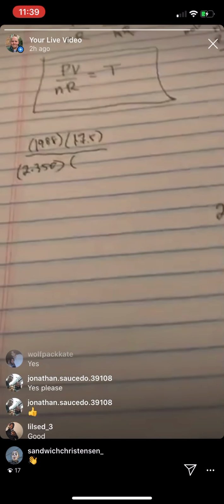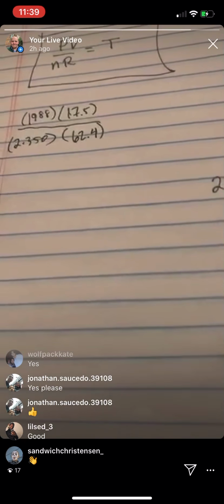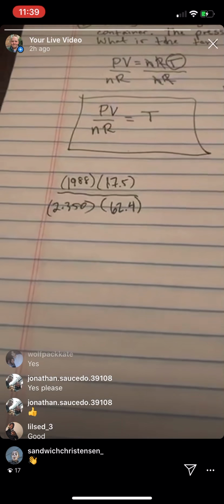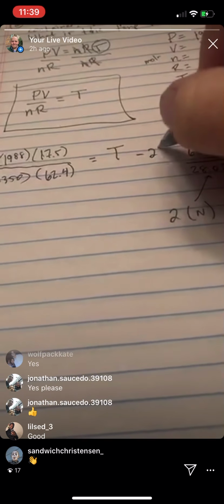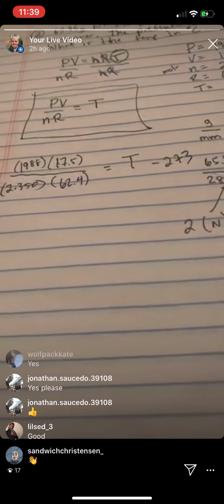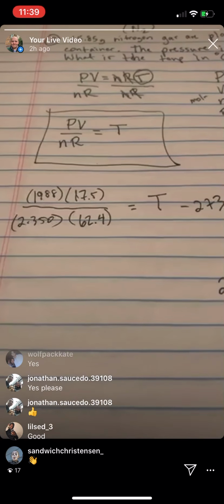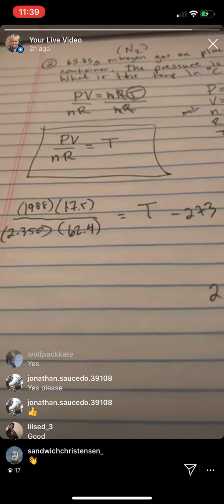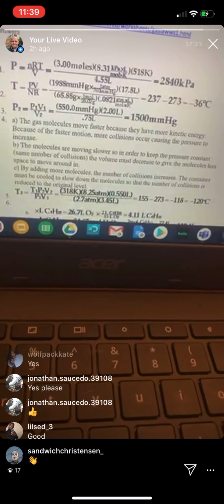And our R value is going to be the 62.4 because it's in millimeters of mercury or torr. That will equal your temperature. And then we need to take that value and subtract 273 from that, and that will give you your Celsius. All right, so do this on a computer real quick.